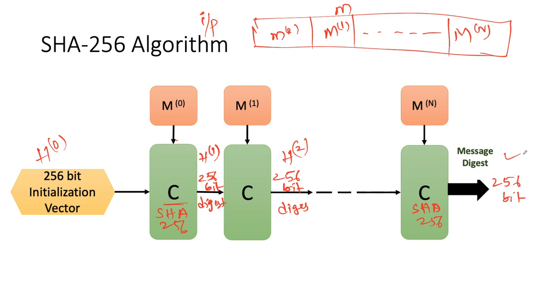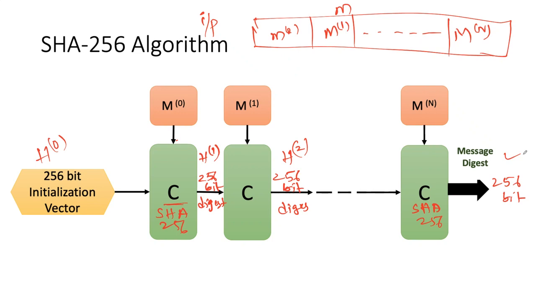So when you are trying to write a code for hash, it is very important, because you need to mention what is the maximum length of your message that SHA can take. So what is the maximum message length that SHA can take? 256.